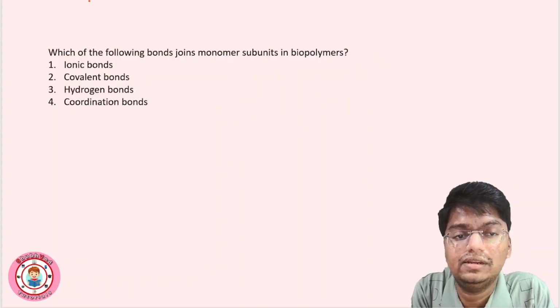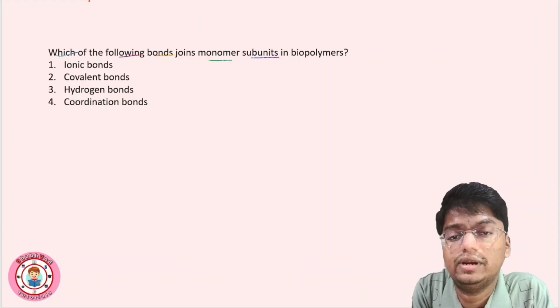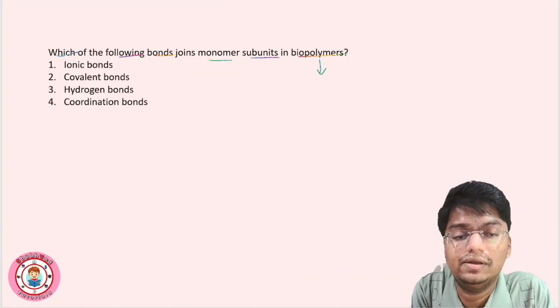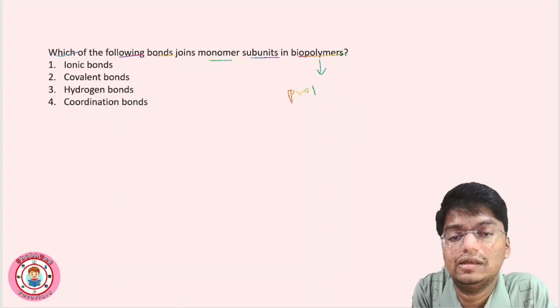Last one. Which of the following bonds joins monomer subunits in biopolymers? Okay, see biopolymers means what? All the biomolecules comes in this, like proteins, in which amino acids are joined by peptide bond.